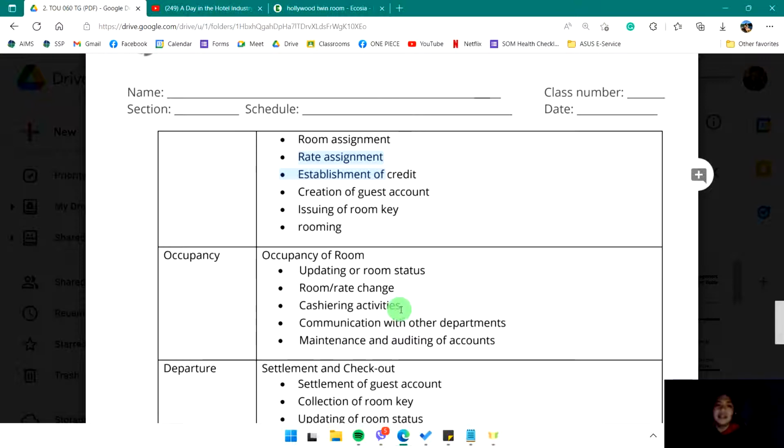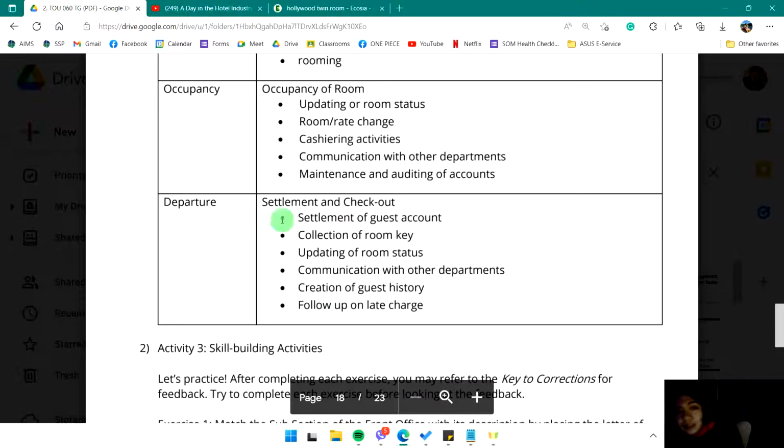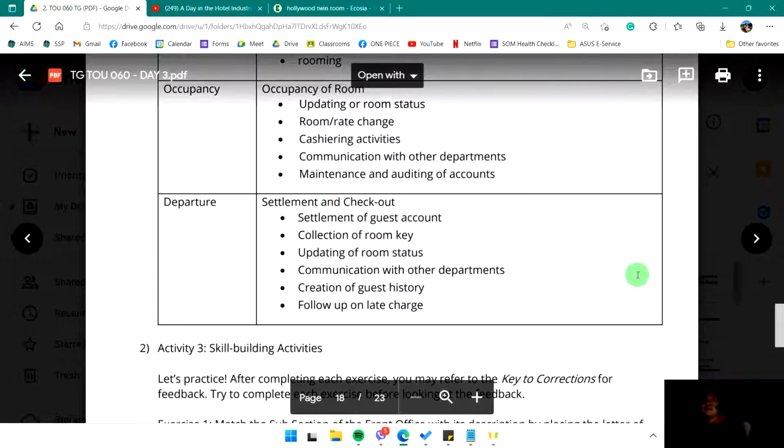Occupancy phase, nasa loob na ng room ang ating guests. And ayun yung mga concerns usually na binabanggit nila sa inyo, updating the room status, room rate changes if ever man, maintenance, communication, and then departure pag check out na.